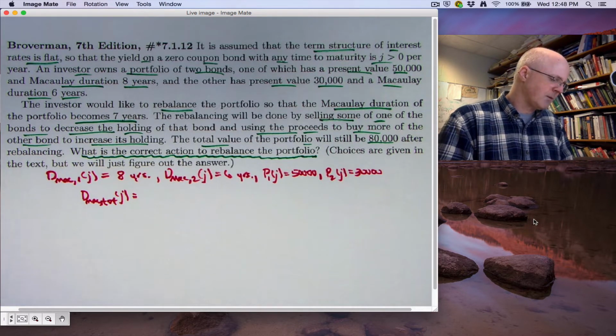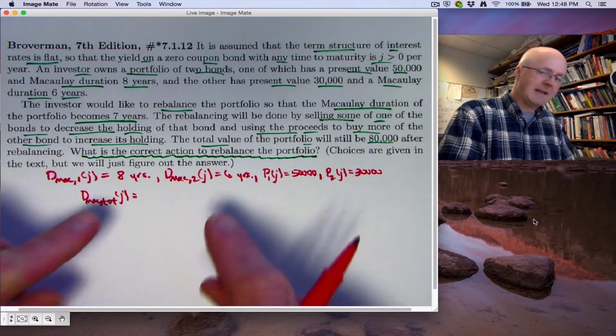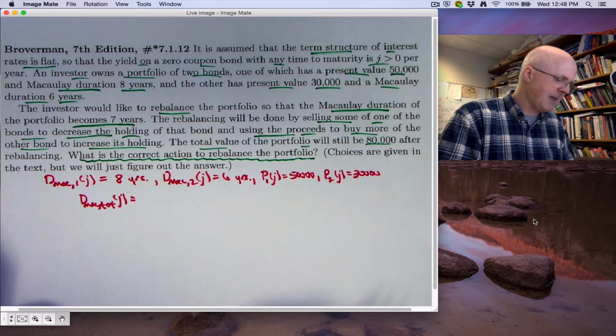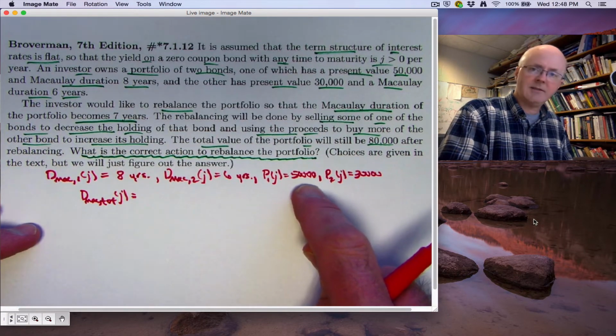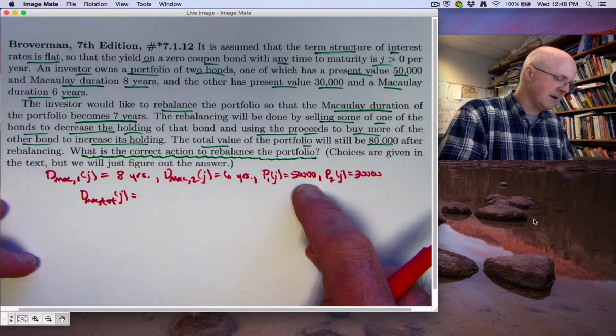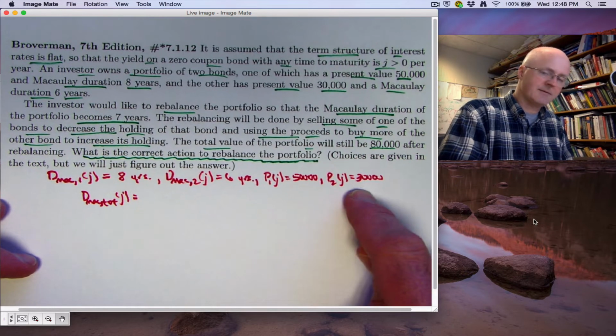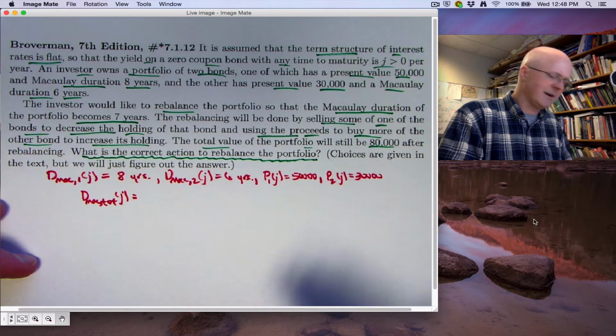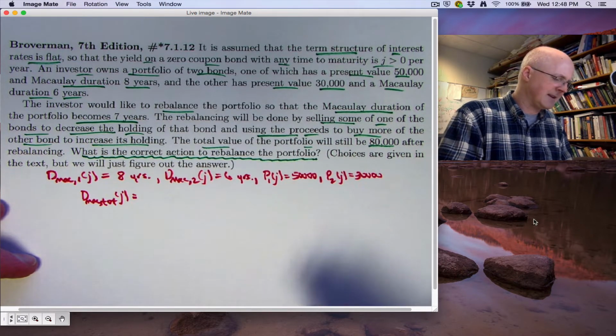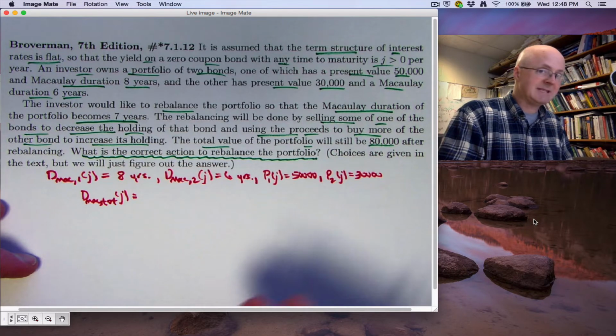So what should make intuitive sense? Again, the answer should be between 6 and 8. And it's probably closer to 8 because the monetary value, as a present value, of the first bond is higher than for the second. So the Macaulay duration of this portfolio as it stands should be closer to 8 than it is to 6. It should be 7 point something.